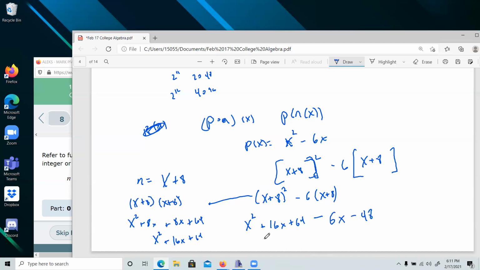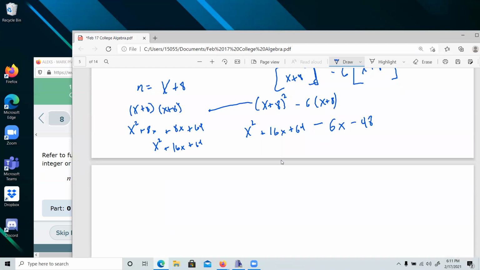Okay, and then we have to combine these. So this is going to be x squared, 16 minus 6, that's going to be 10x, plus, right? And 64 minus 48. If you have $64, you can spend 48 of them, and we have $16 left.